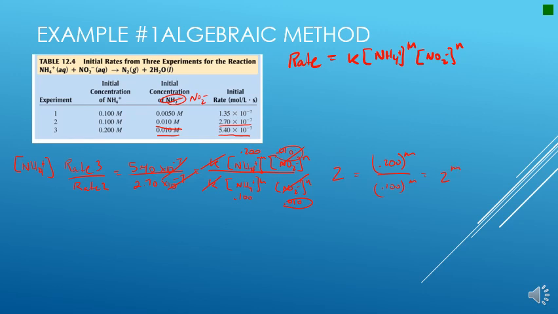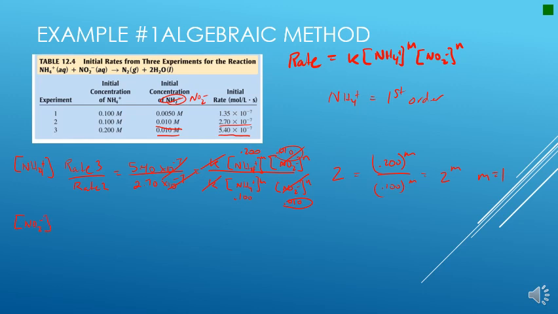So now when I set this up, in order to solve for the order, 2 raised to a certain power equals 2. So I know in this case my M has to be 1. So the NH4 plus is a first order reactant.